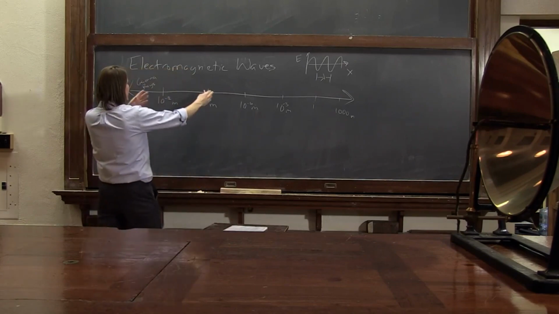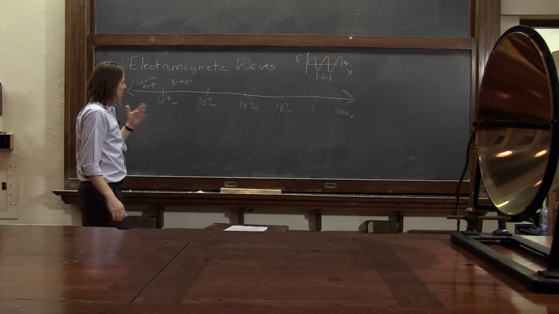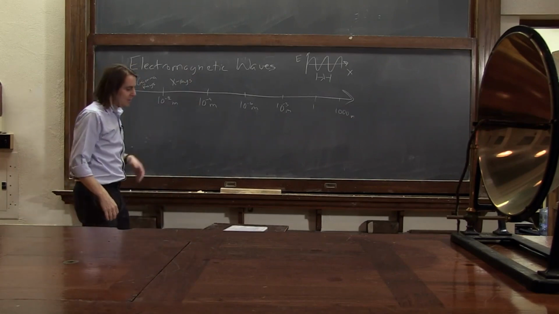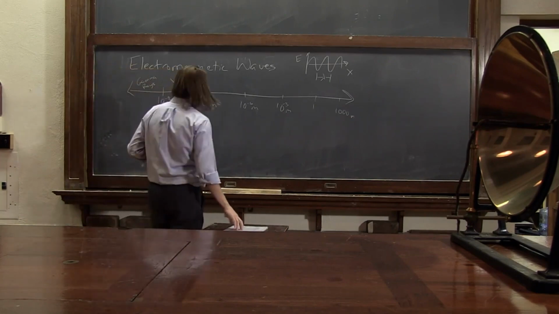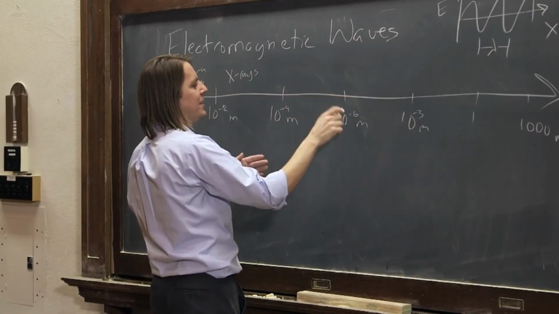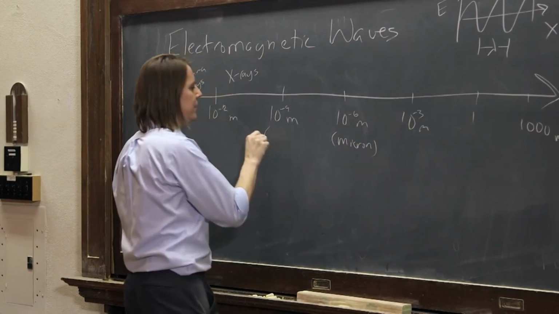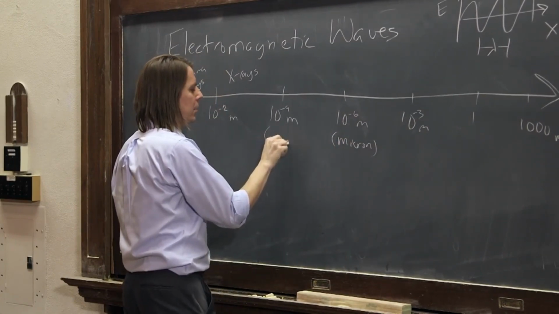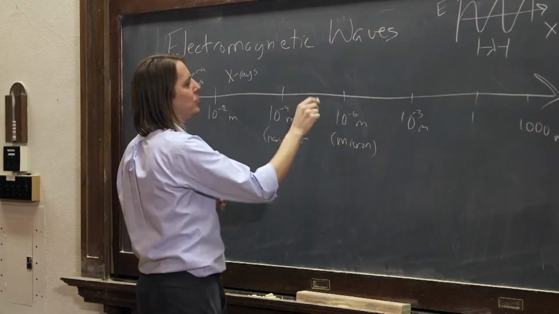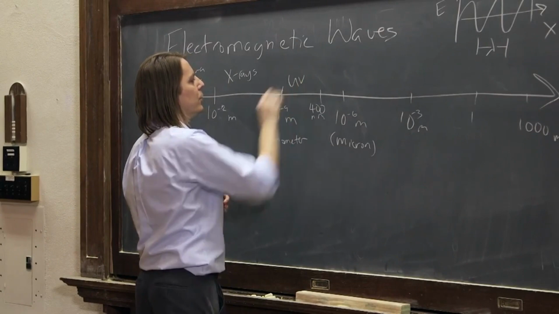If you're between sort of a nanometer and to here, these are X-rays. You can think of X-rays as waves, very, very short wavelength waves. In this range, up to maybe a half of a 10 to the minus 6, this is called a micron, and this is a nanometer. So up to about 400 nanometers, this is ultraviolet.